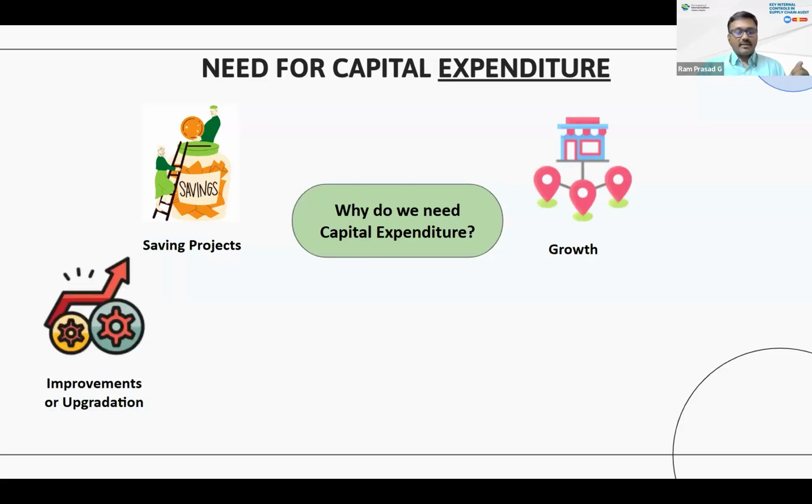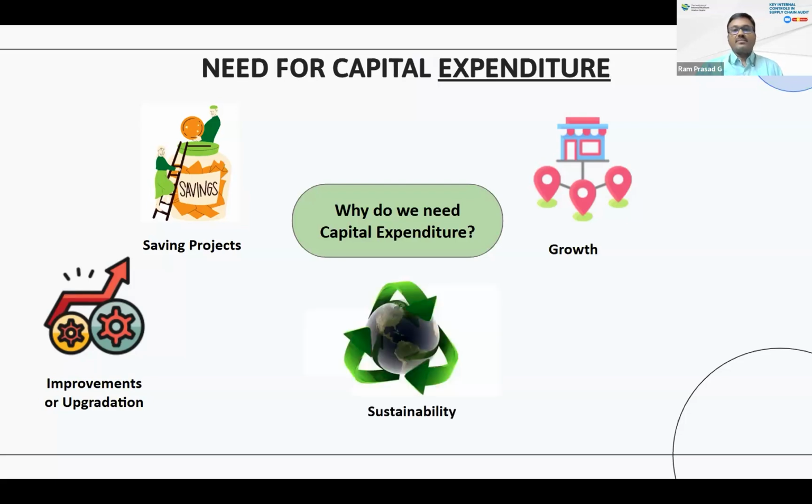And when technology is changing and new technology assets come in, for improvement and upgradation, we do replace assets. That is the third classification under which we may purchase assets.